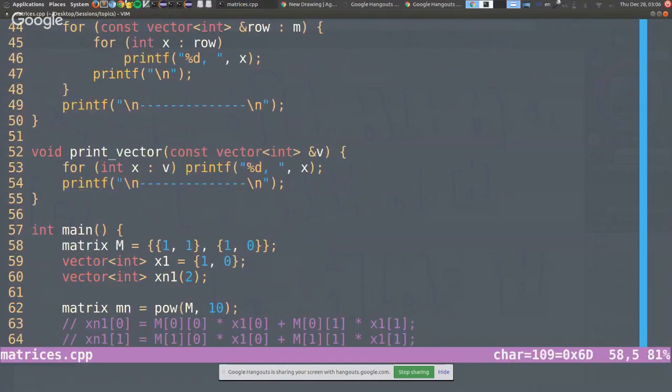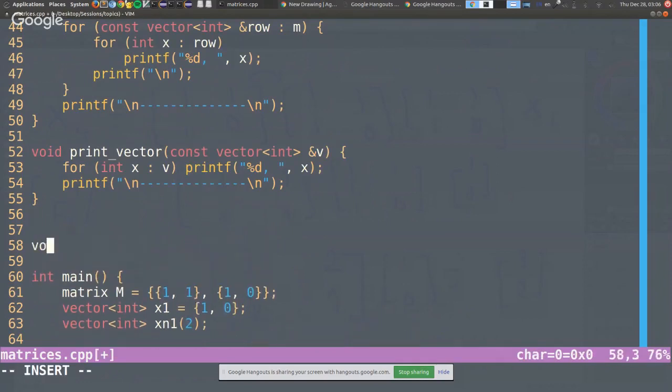And also write the dynamic programming for it.